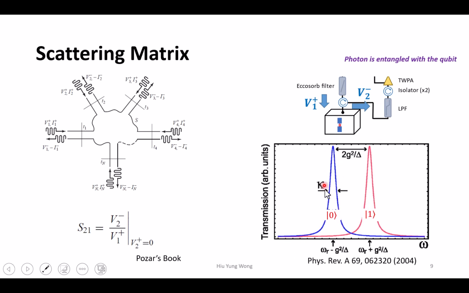When it is 0, it's peak at omega r minus g squared divided by delta. When it is 1, it's peak at omega r plus g squared divided by delta. Then you think of a way to measure it so that you know whether it is on the left or on the right. We will talk about that later.